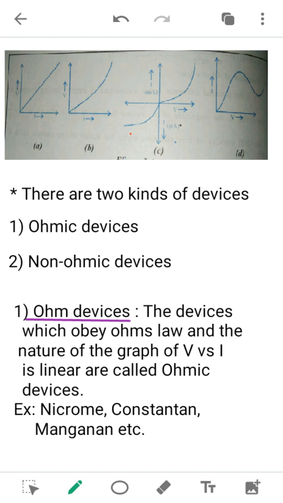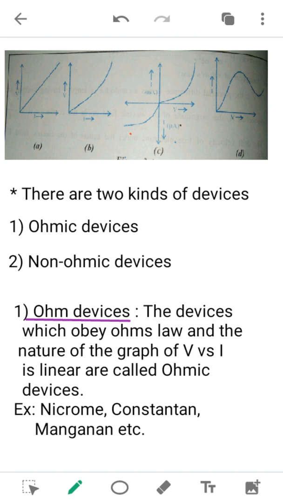The devices which obey Ohm's law, and the nature of the graph of voltage or potential difference versus the current, that is I, is linear, are called ohmic devices. For example, nichrome, constantan, manganese, etc. Mainly these are alloys.